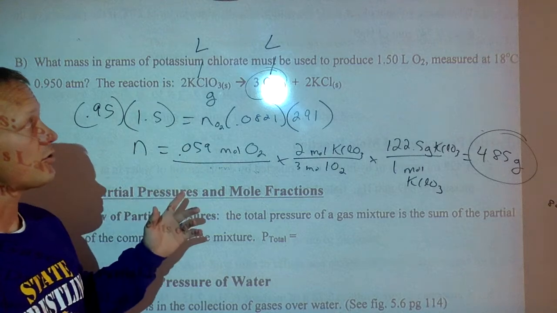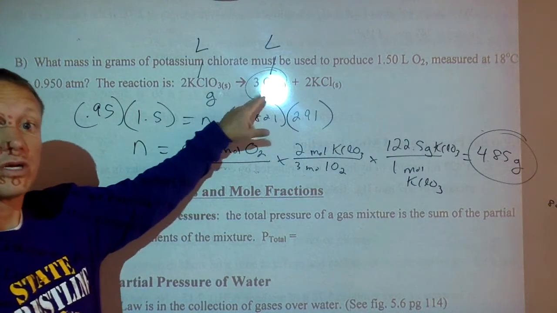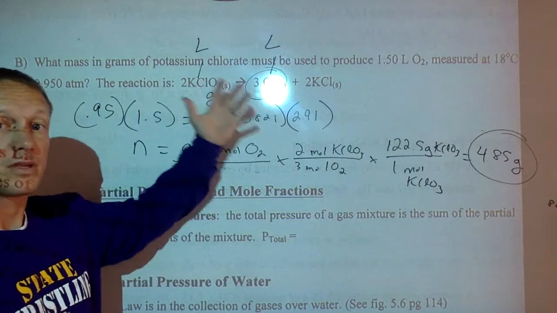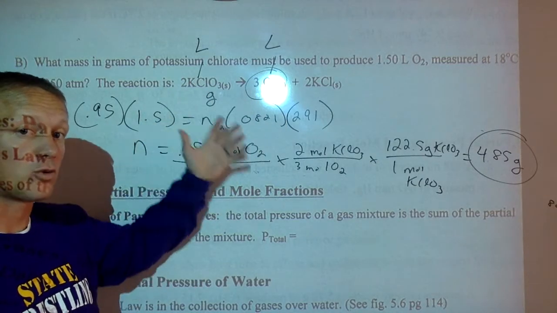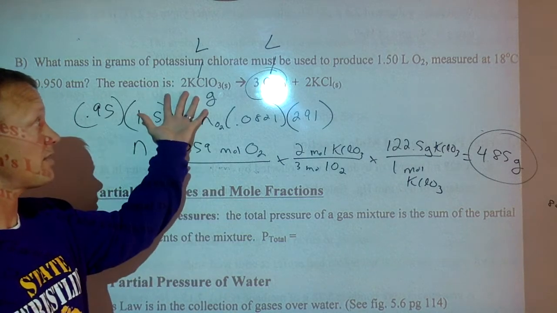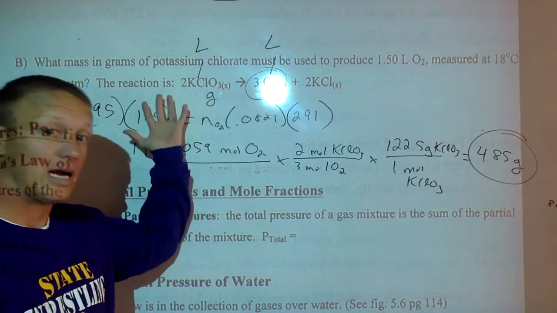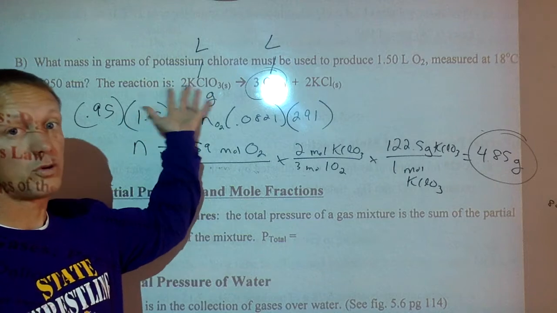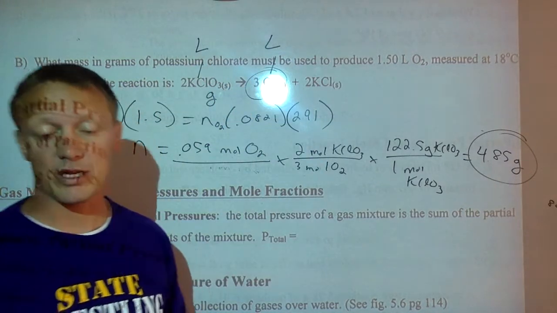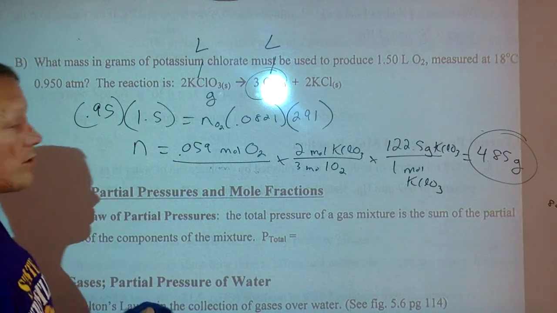But if it was liters to liters, remember you can just do the ratio, even if they're not at STP. As long as they're at the same temperature and pressure, you don't have to do ideal gas law twice. If this was at a different temperature and pressure than this one, I'd have to do ideal gas law to get moles of this, do my mole ratio, then do ideal gas law over here to get the volume of it. So we'll do something like that. I did put one of those on here, but we'll do some of those down the road here.